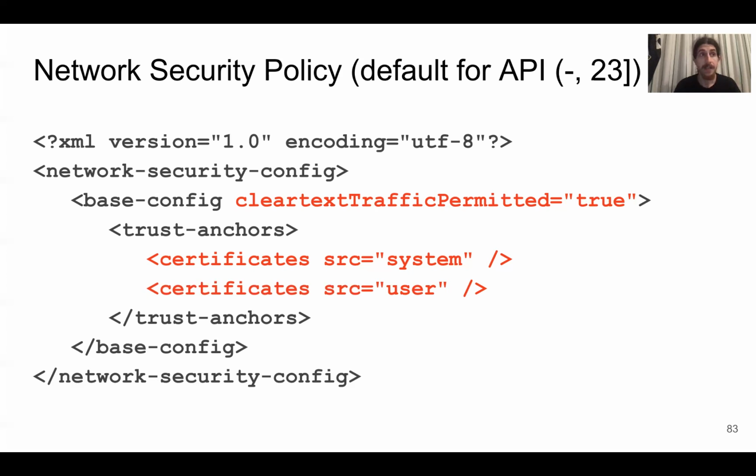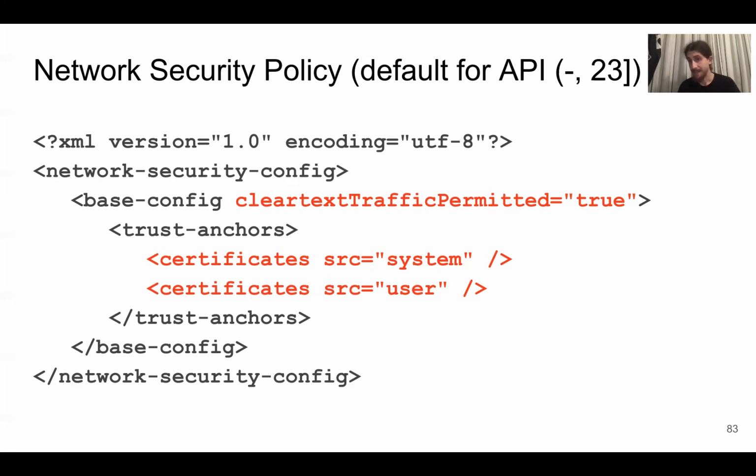The user key store contains certificates the user added manually. So in these old versions of Android, certificates added by the user would be trusted, although you would see a warning. But in the recent versions of Android, certificates that the user adds manually are not trusted anymore. So even if you add them and say please trust this, the application would ignore it.